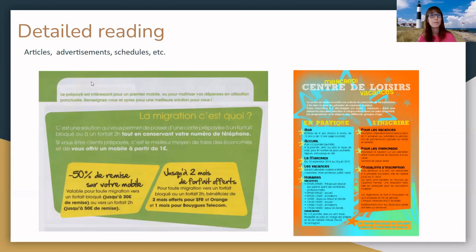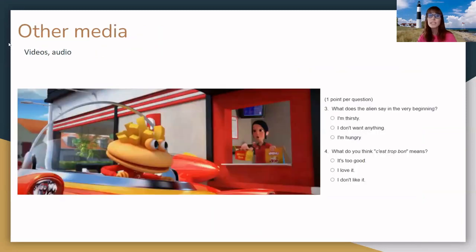Then we have all kinds of other media. This one was a video that I thought was really fun. The students would watch the video and answer some questions about it. There are some things that are just audio to listen to, like some podcasts. We have YouTube videos, things like that. All kinds of media, very rich things to bring into your classroom and give your students a glimpse of the Spanish or French speaking world.